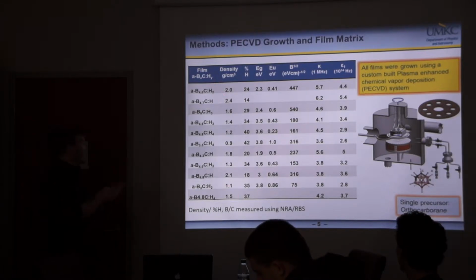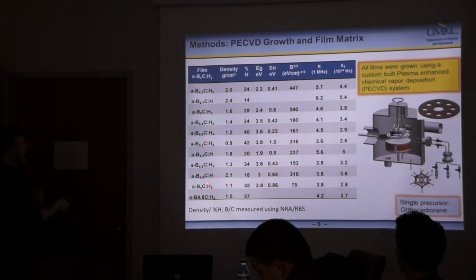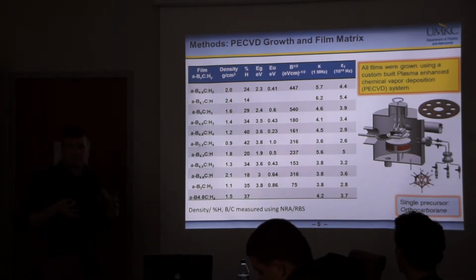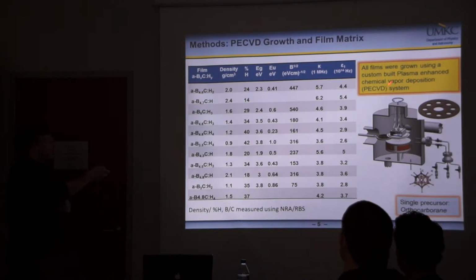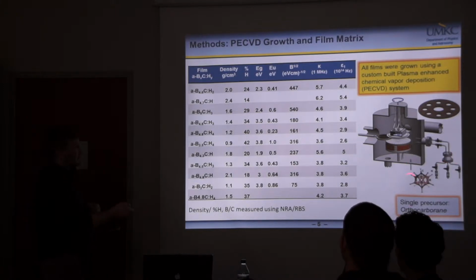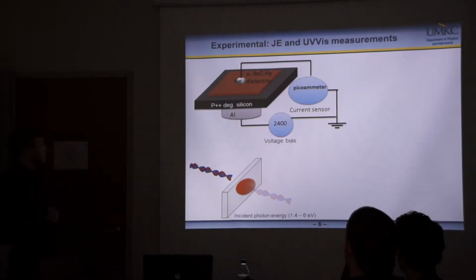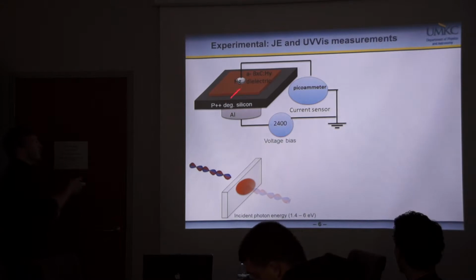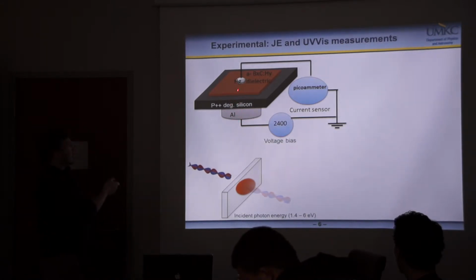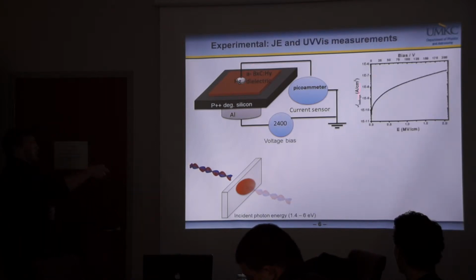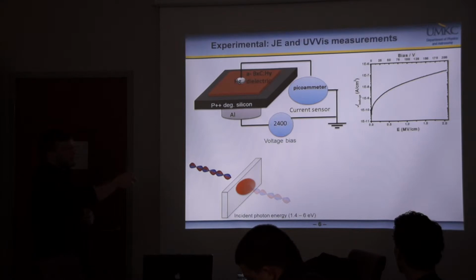For this study, we looked at a range of stoichiometries and densities, from 2.4, which is almost sputtered boron carbide, to 0.9, which is very low. The films were grown through PECVD with a single solid phase precursor, orthocarborane. Experimentally, we looked at an MIS structure with aluminum, the silicon, the dielectric, and a mercury probe to get a J versus E or J versus V curve.